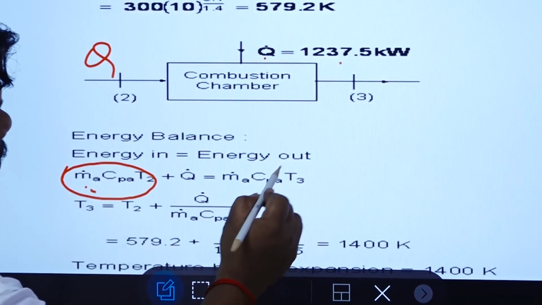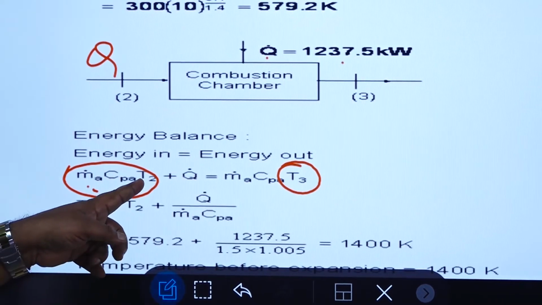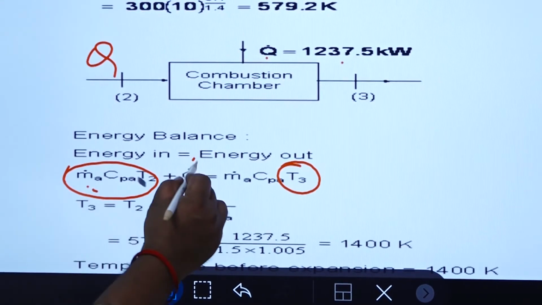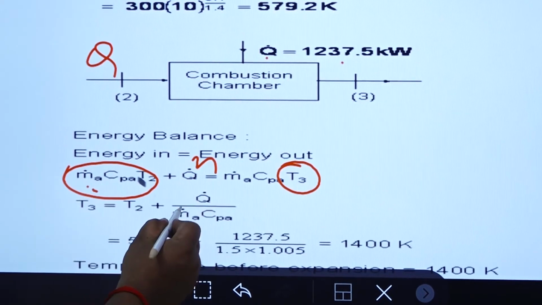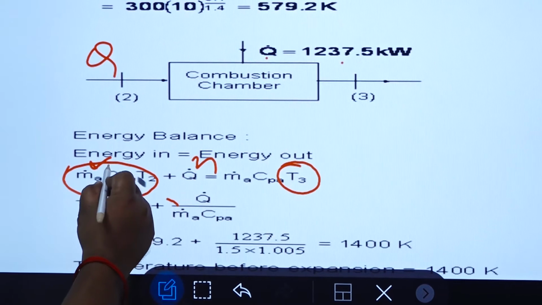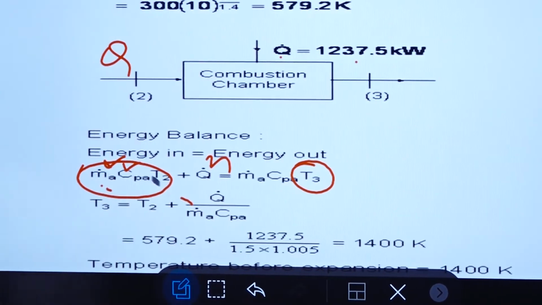So from this equation you have the value of T3. You should get the value of T3 only when you know the value of T2. Because Q is known to you, and you know the value of m_a and the value of Cp_a, you can easily find the only unknown, that is T3.